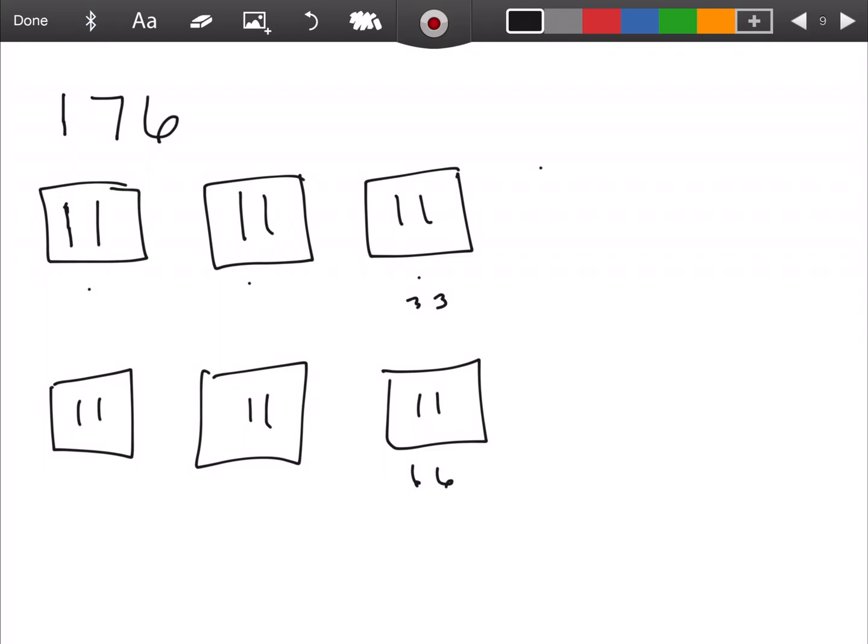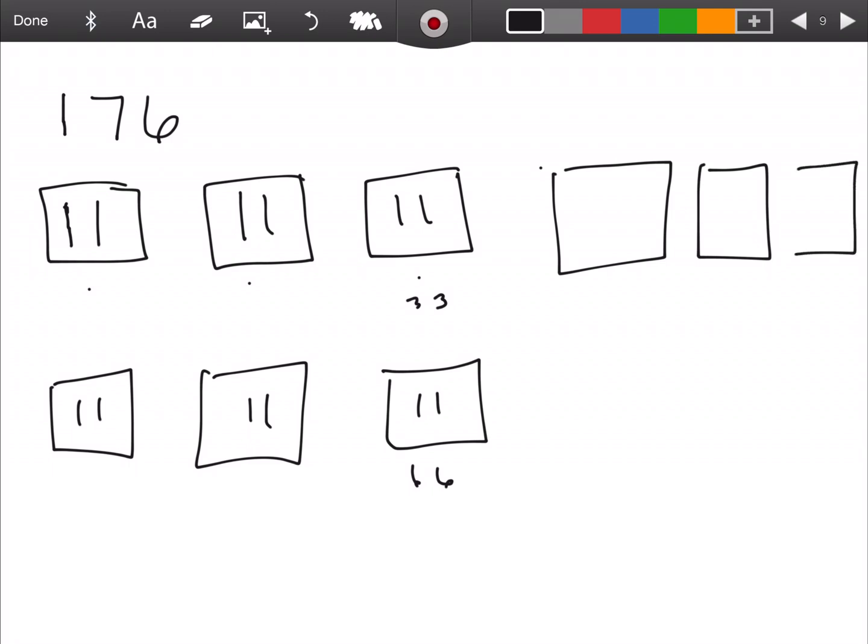And I'm going to repeat that one more time. And 66 plus 33 more is 99 books. I'm getting closer to that 176.